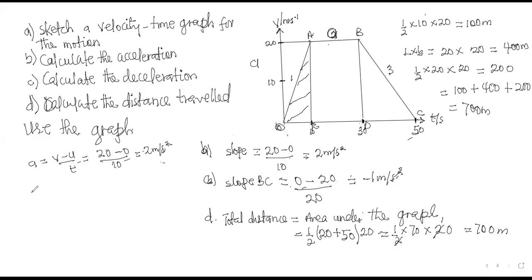Then distance traveled, S will be equal to half AT squared because U is 0. Therefore, half A is 2 times 10 squared. 10 squared is 100. So this is 100.